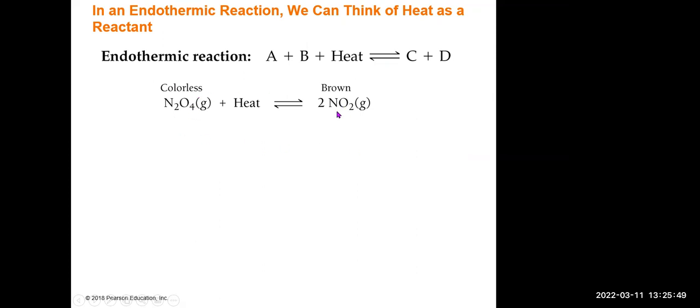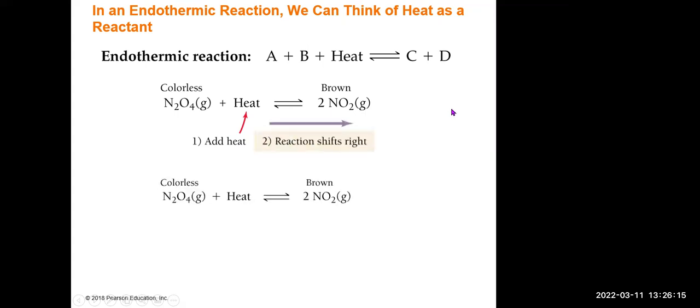N2O4 is colorless, NO2 is brown. So you can see visually in the laboratory what happens to this equilibrium if you add heat or increase the temperature. If you increase the temperature, which means you add heat, this reaction shifts to the right. The right side is brown, so you will see the color become darker.